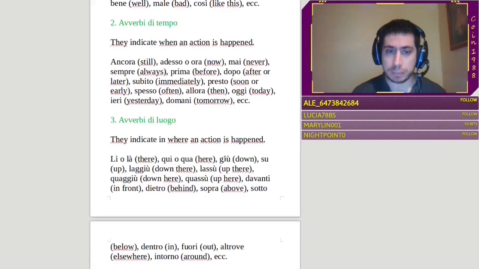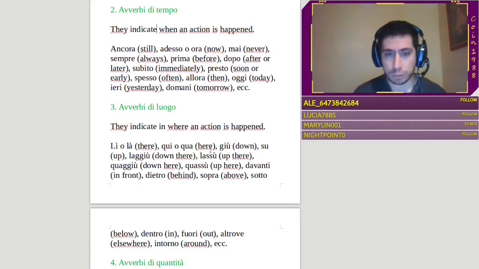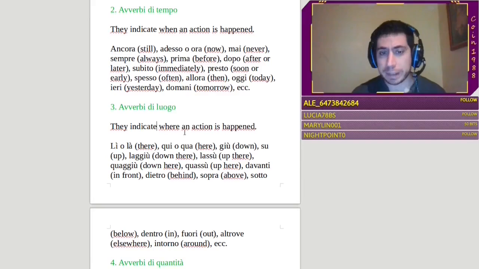The third type is avverbi di luogo. They indicate where an action is happening.